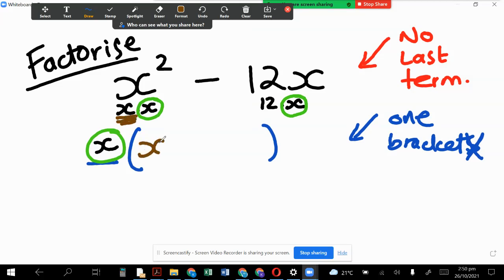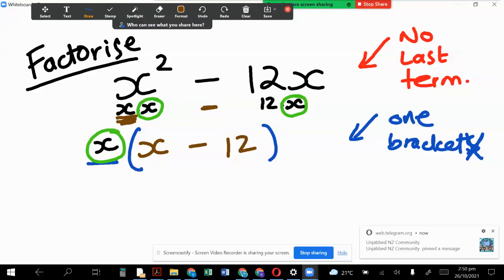So I got x over here, then I got minus, and then I got 12, which is going to be over here, and I'm done. Because when I multiply back into the bracket, I'll get exactly the same thing. X times x is x squared, and x times negative 12 gives you negative 12x.